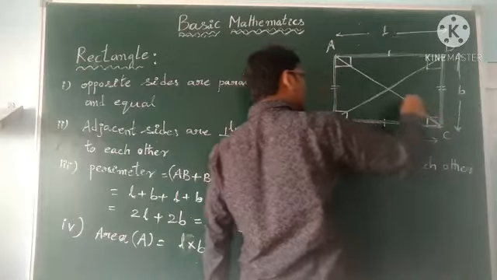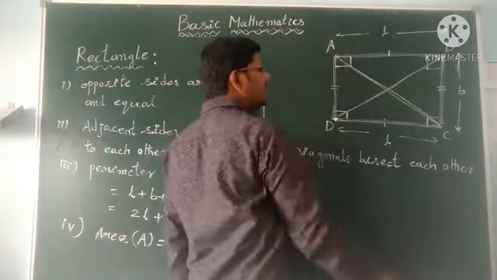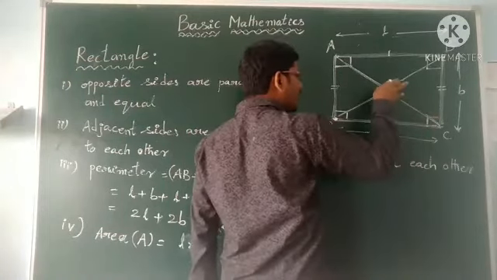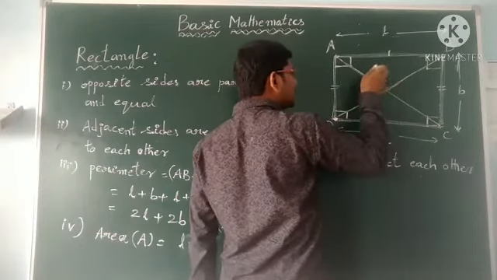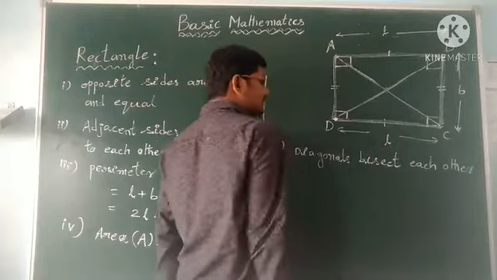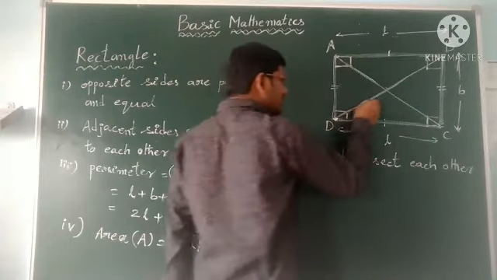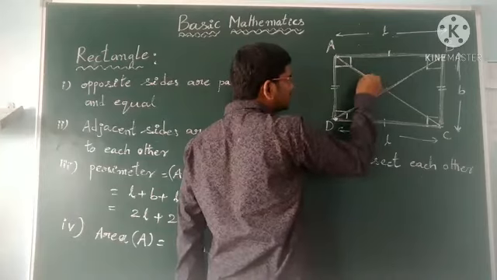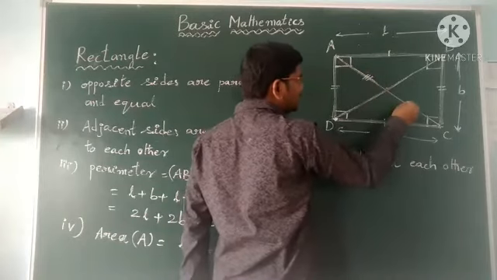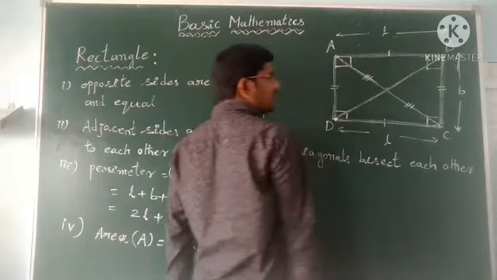The diagonals are bisecting each other. Okay students, bisect each other means this diagonal divides the other diagonal into equal parts.